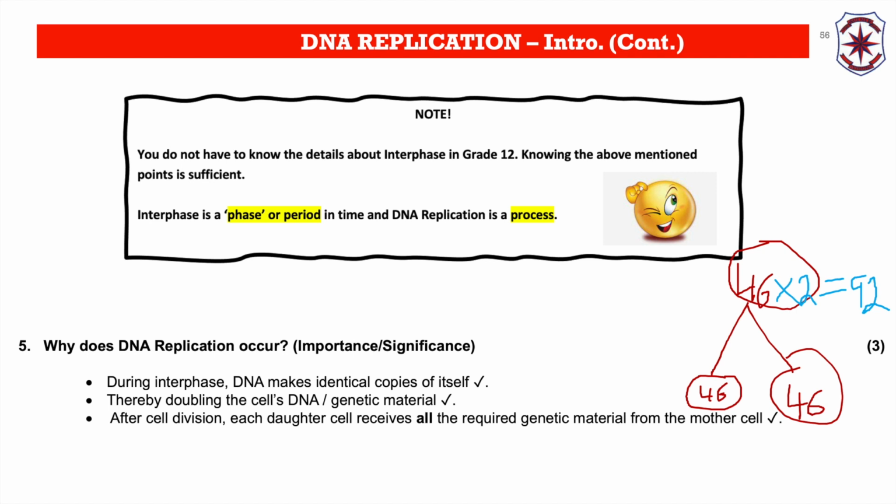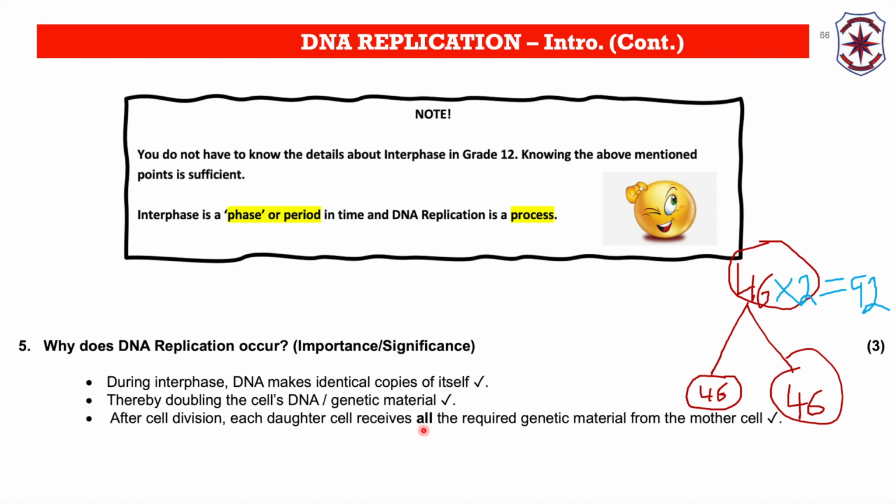So before the cell divides, the 46 chromosomes will be multiplied by 2, meaning we have twice as many chromosomes. We have twice as much DNA from the cell. Now, when we divide 92 into two daughter cells, each daughter cell will receive what?